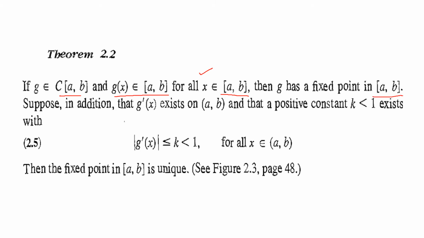And the second part of this theorem says that in addition, g'(x) exists on [a,b], this derivative exists and a positive constant k which is less than 1 exists. With this condition, then the fixed point is unique.